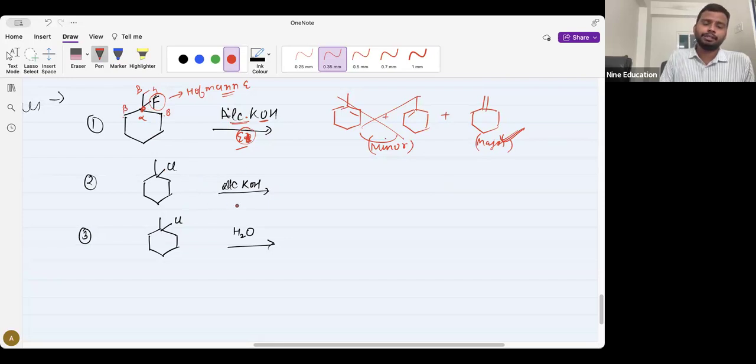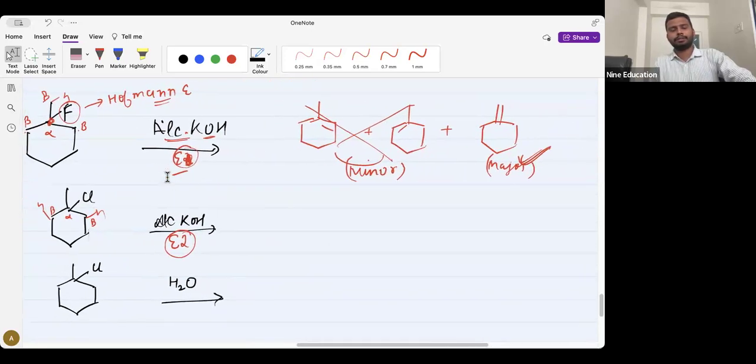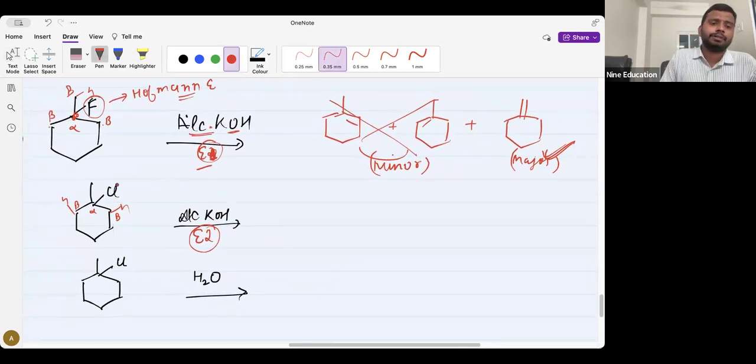Second one, if I do the E2 elimination in this, अगर alcoholic KOH करूंगा यहाँ पर, so I can remove this hydrogen or this hydrogen. You have alpha, beta, beta. See? So I can remove these three beta hydrogens.